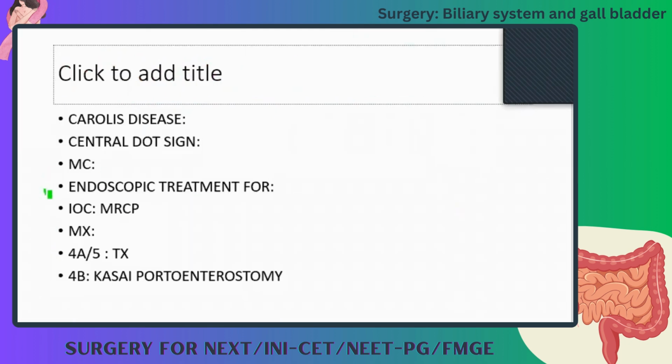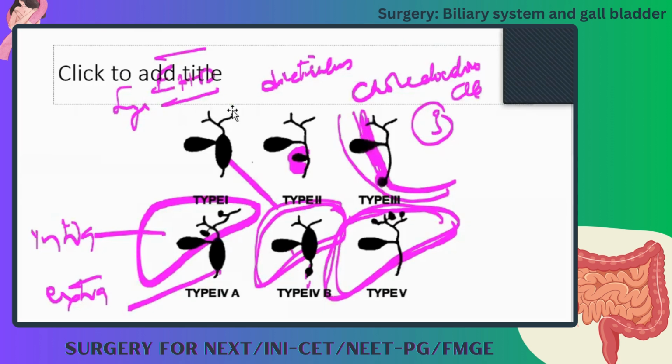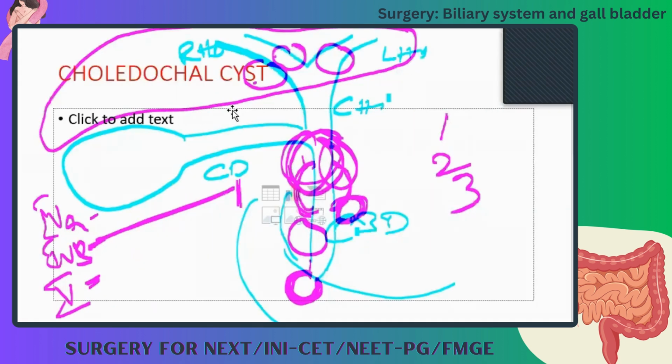Now you can answer this question for me. Endoscopic treatment is reserved only for one of these. Out of these 5, in fact 6, endoscopic treatment is only possible for one cyst. What is that cyst? Type 3.